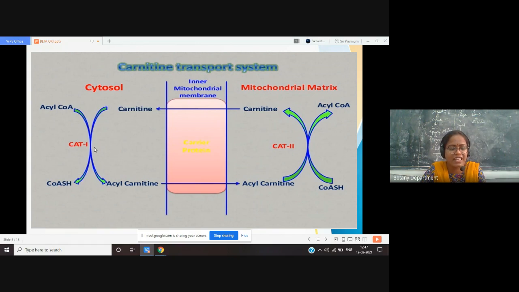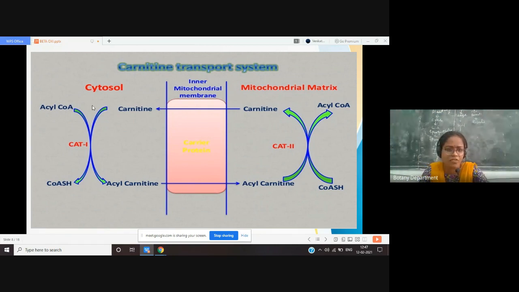What is this CAT1? Carnitine acyl transferase 1. This is an enzyme which converts our acyl CoA into acyl carnitine, and then our acyl carnitine enters into the mitochondrial matrix.